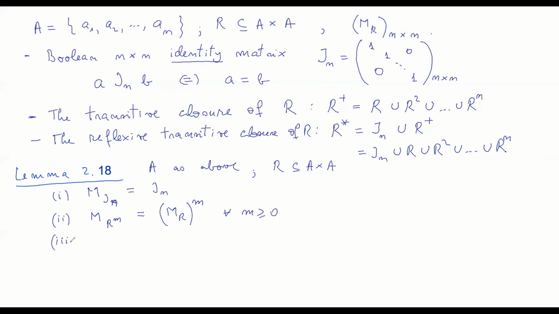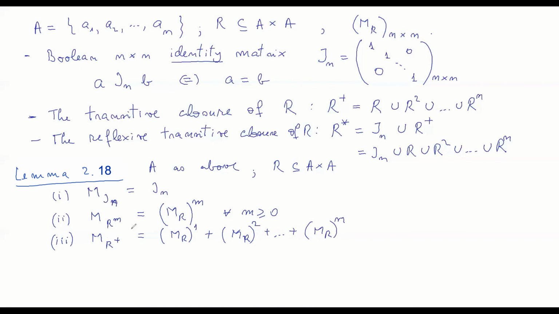The third property is that the matrix corresponding to the transitive closure of R is in fact exactly the matrix MR, to power 1, which is going to become clear in a second, plus MR raised to power 2, plus all the way MR raised to power n.